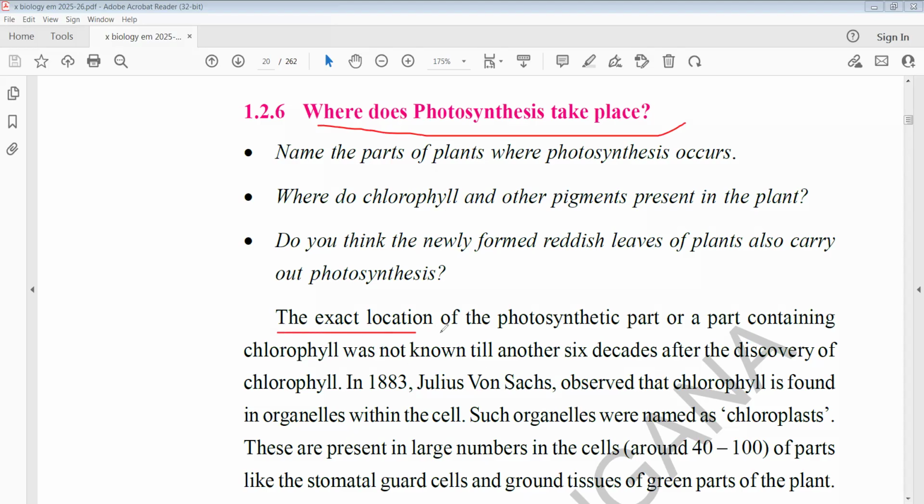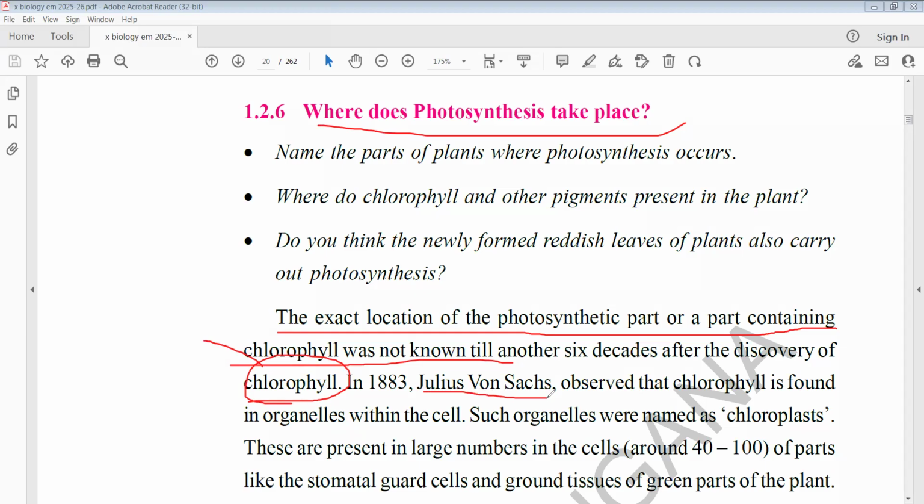The exact location of the photosynthetic part, the part containing chlorophyll, was not known until another 6 decades after the discovery of chlorophyll. Previously we discussed that the chlorophyll pigment was separated by Pelletier and Cavendish. Now another scientist came, Julius von Sachs.